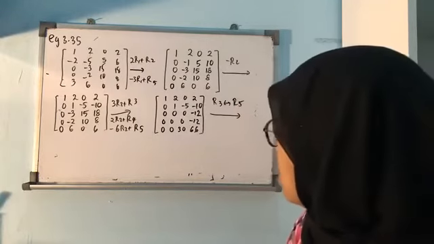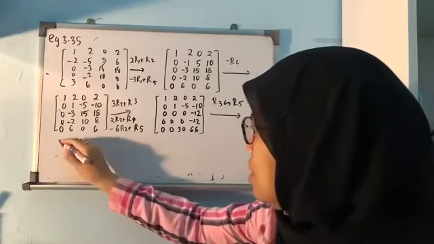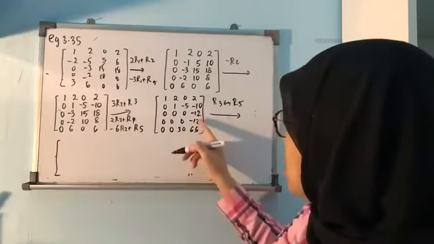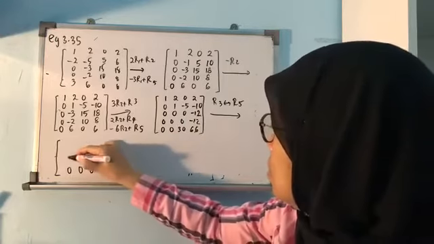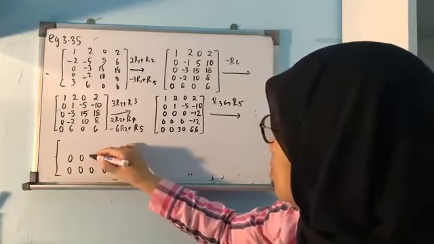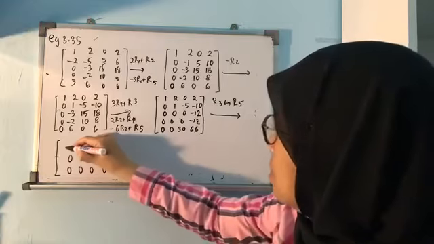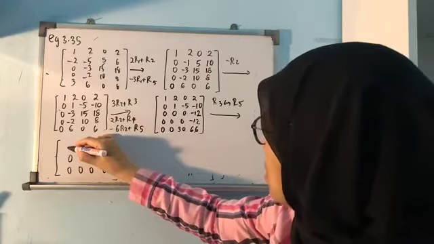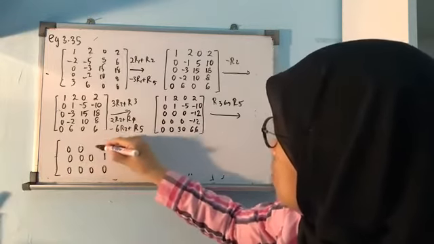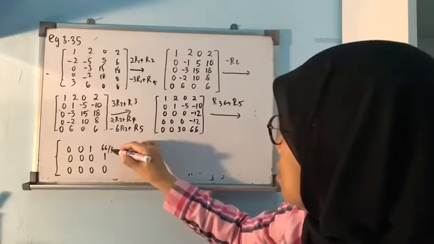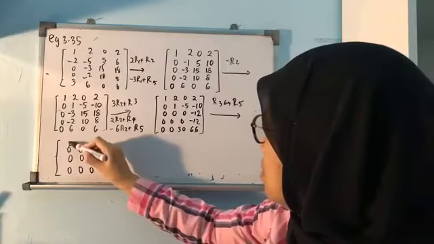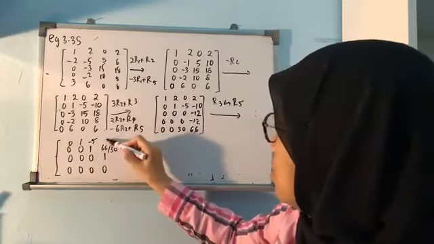Okay, I cut short a bit. This one, finish. I put 0, 0, 0, 0, 0, 0, 0, 1, 0, 0, 1, 0, 1, negative 1, negative 10.